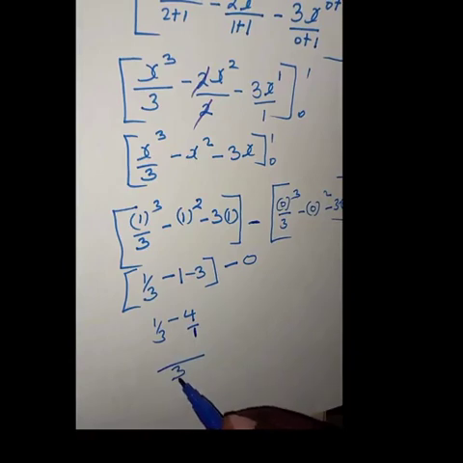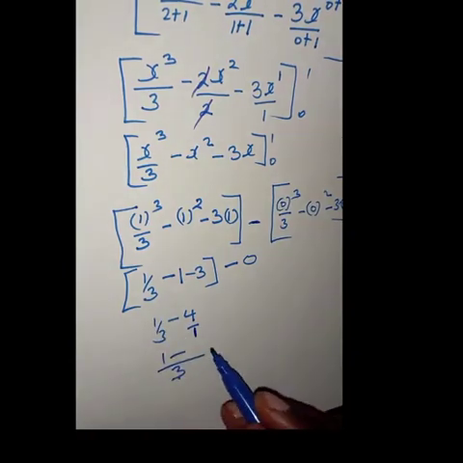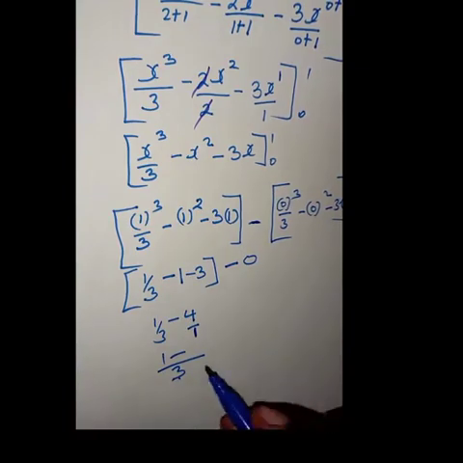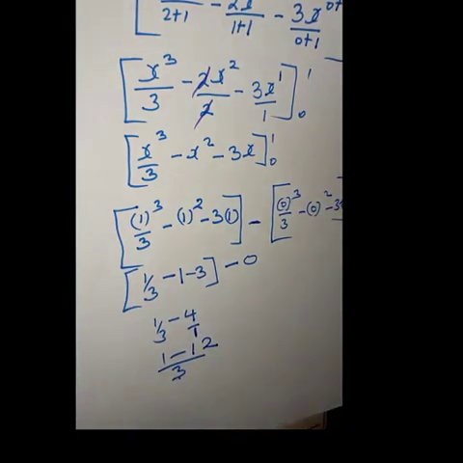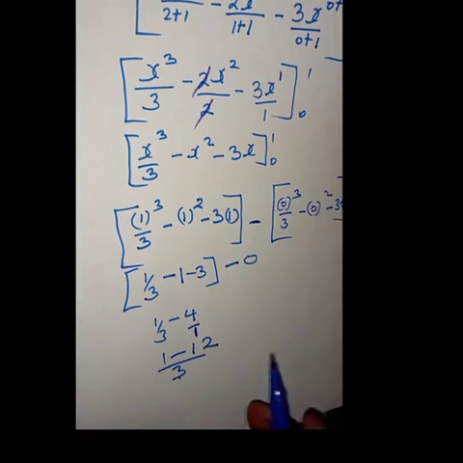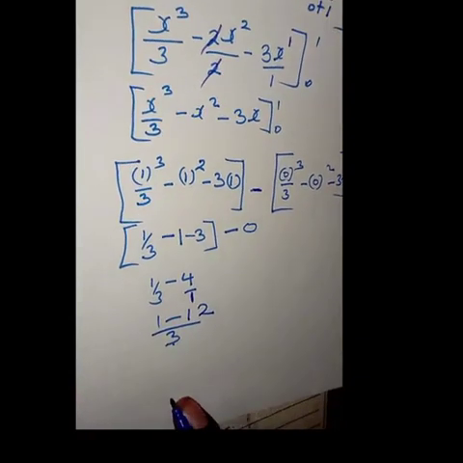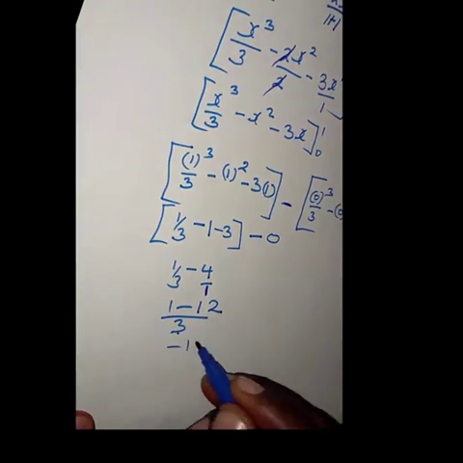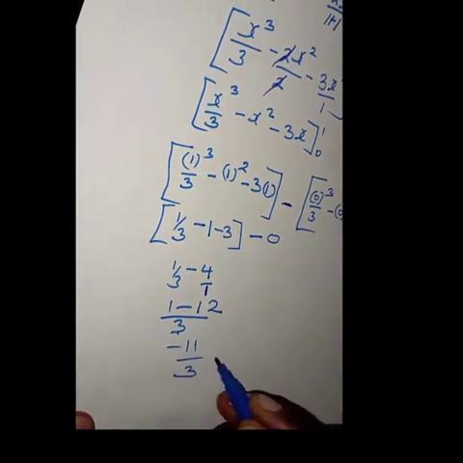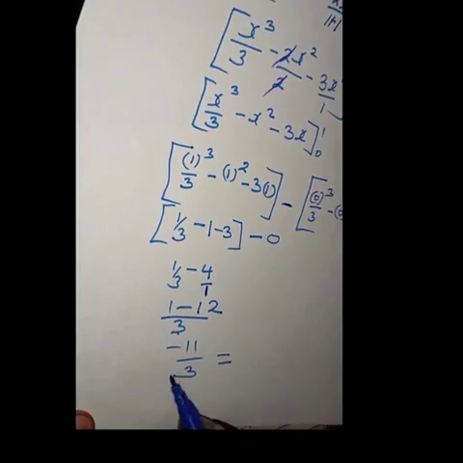3 into 3, 1. 1 times 1, 1, minus 1 into 3. That is 3. 3 times 4, you get 12. So 1 minus 12, what are you going to get? That is negative 11 over 3. 3 into 11, how many times?